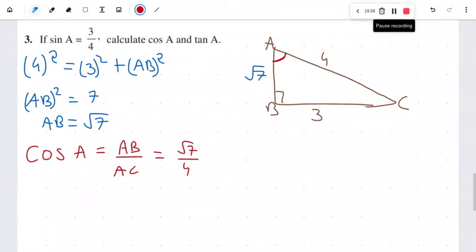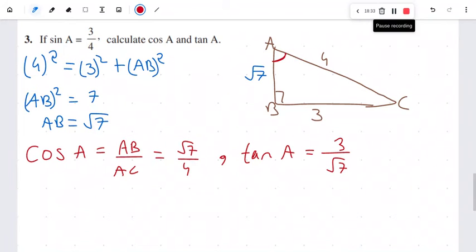Now next is tan A. Tan is nothing but opposite by adjacent. So our opposite is 3 divided by adjacent, that is root 7. So I got the values. This is our question number 3.